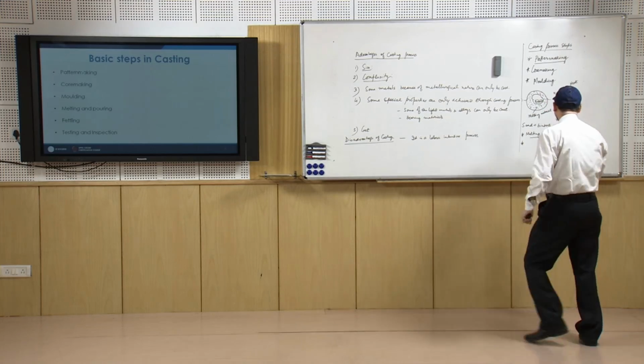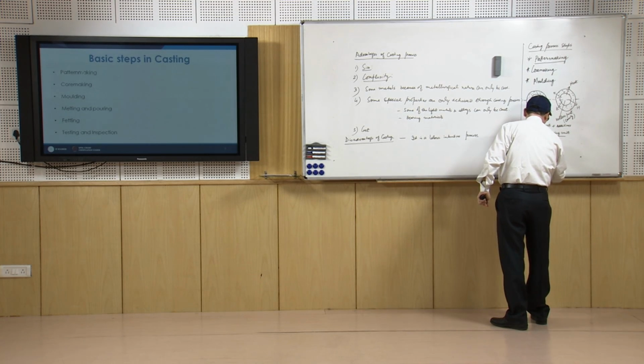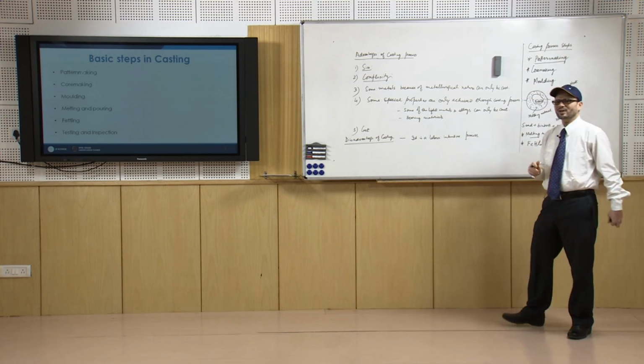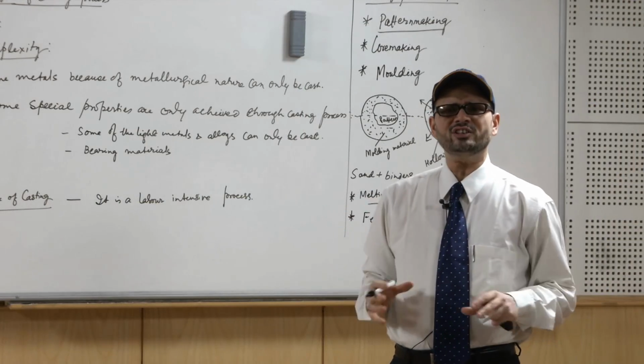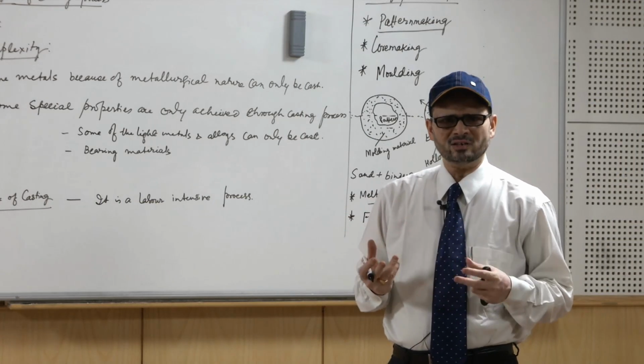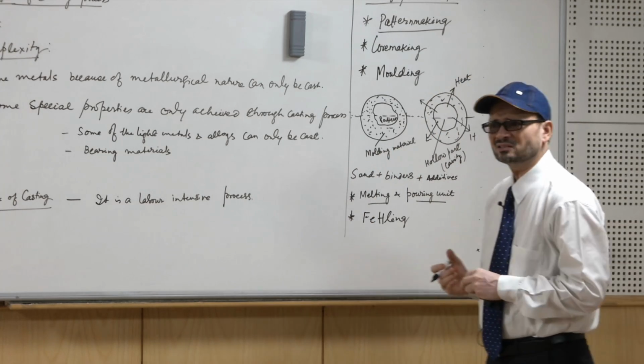So, that is done through the process of fettling. So, fettling is nothing but removing all the unwanted attachments or the portions which are attached to the cast product.